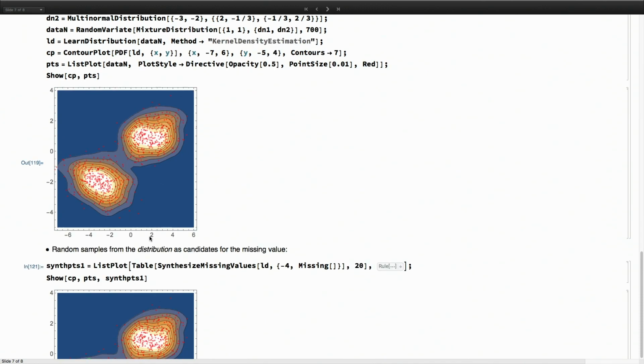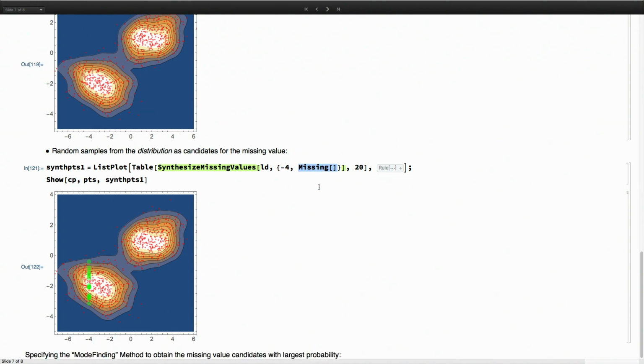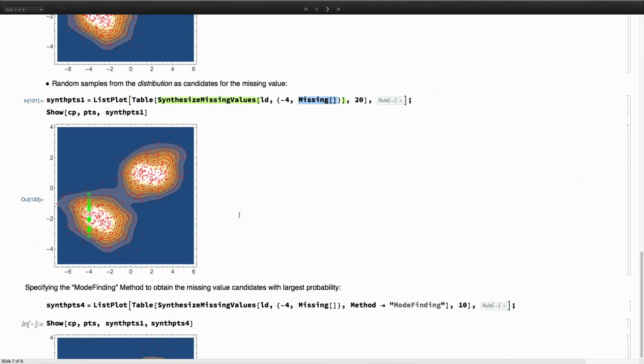I generate a list of 20 candidates for one data point with a missing value on the y-axis. I plot it here, and you see that the candidates of missing values follow the distribution; strictly speaking, they are drawn from the same distribution, conditioning on the unknown variable.